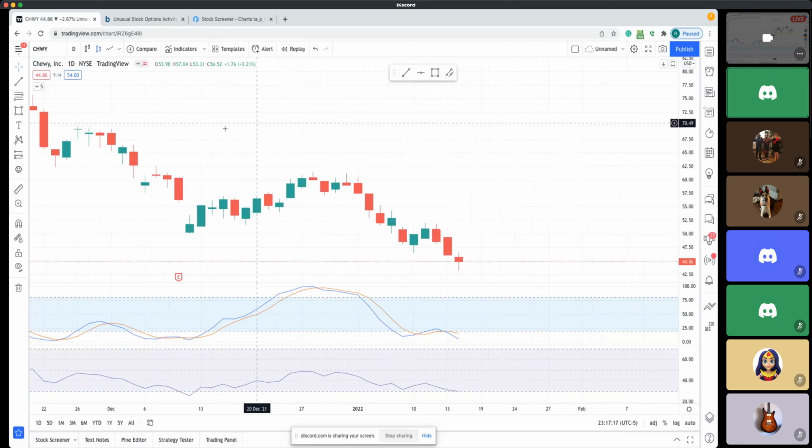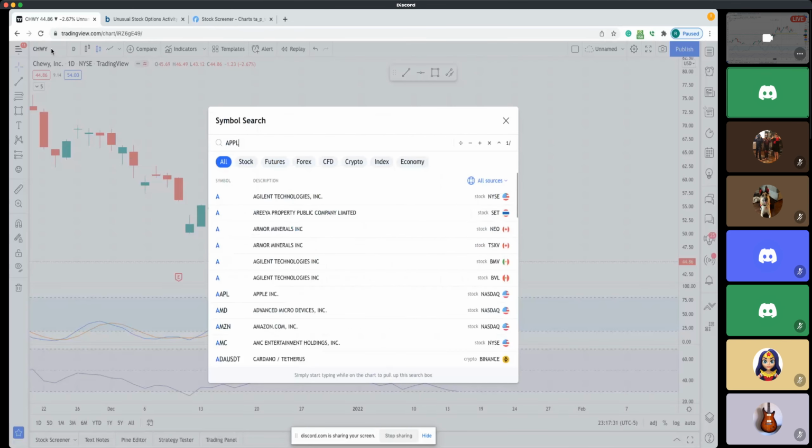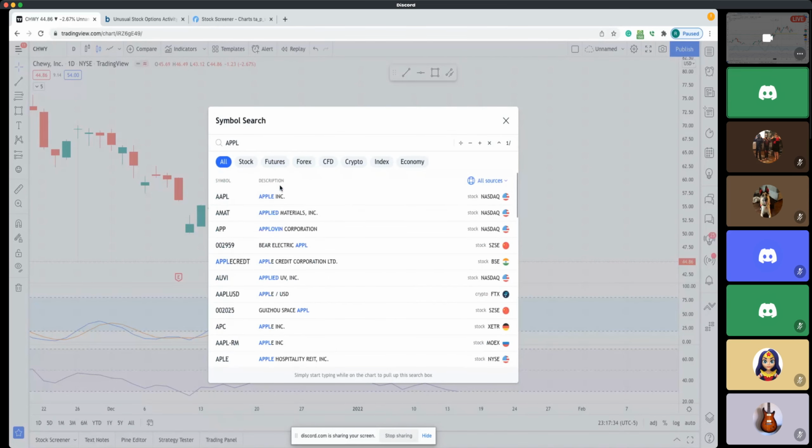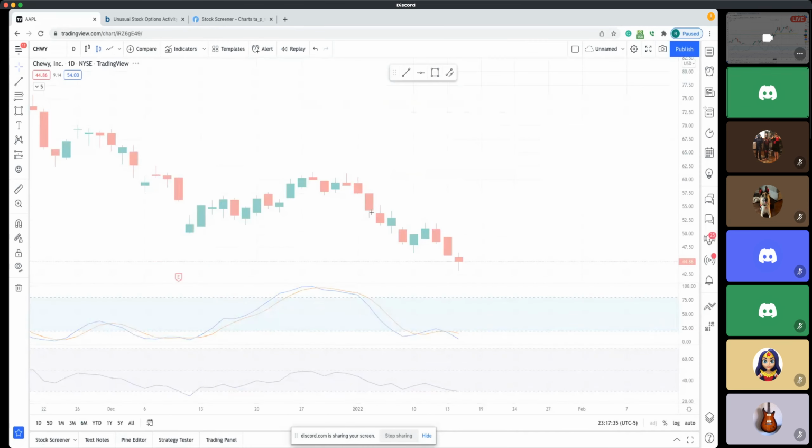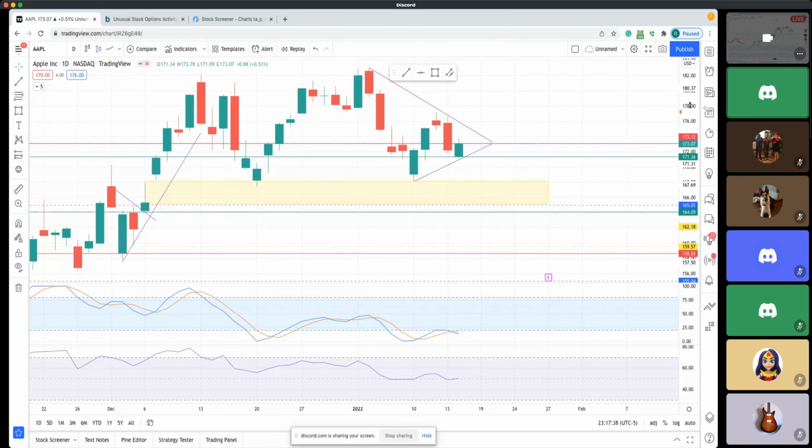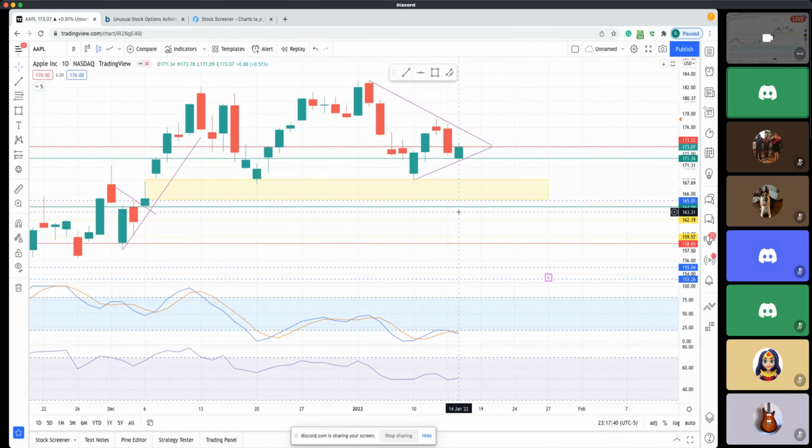I know everyone has their own way of putting this stuff together, but for me, it's how can I do it with the least amount of risk and least amount of effort.